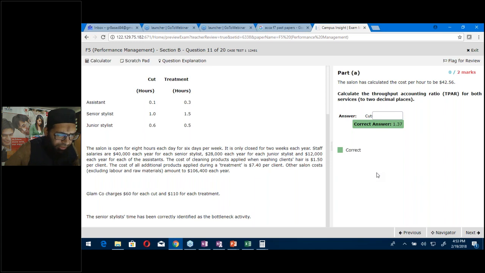Well, if they didn't tell me that the senior stylist was the bottleneck, then I would check how many cuts and treatments can be done by each of them. So I will calculate the number of units for the assistant, the senior stylist, and then the junior stylist. And the staff member who can handle the fewest units will be the bottleneck.